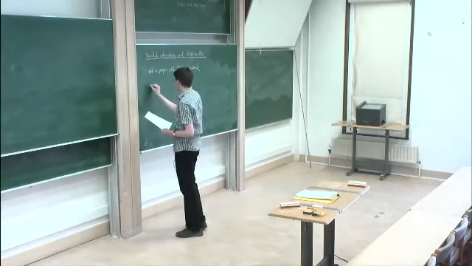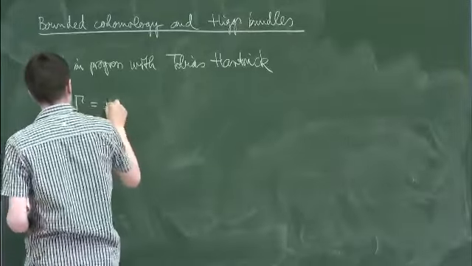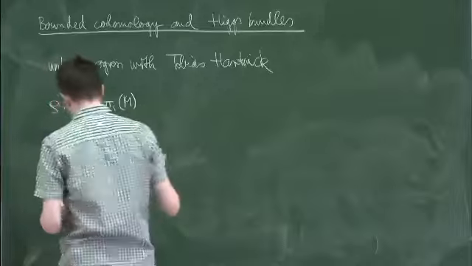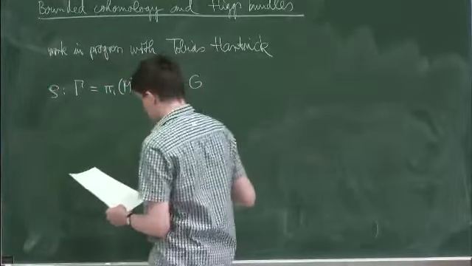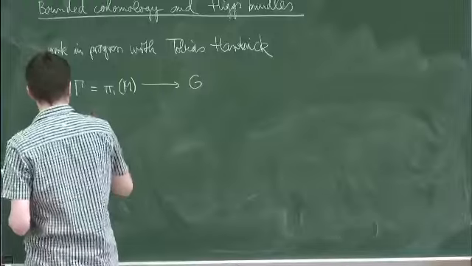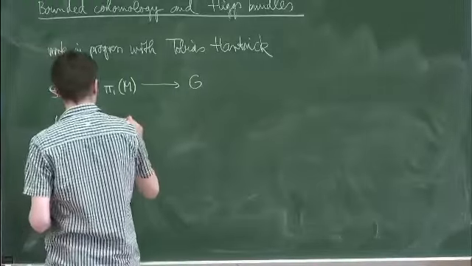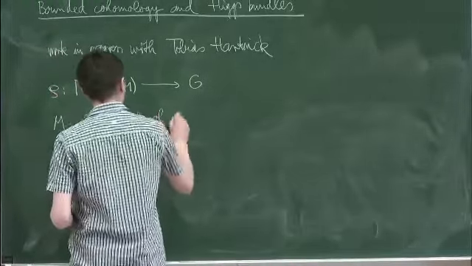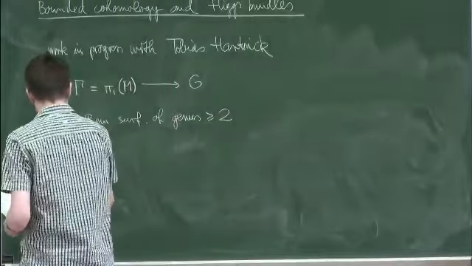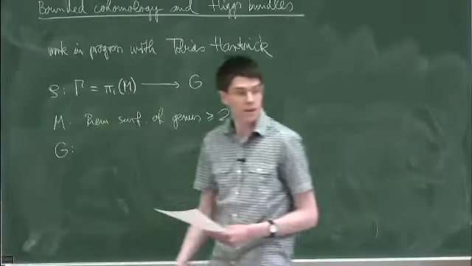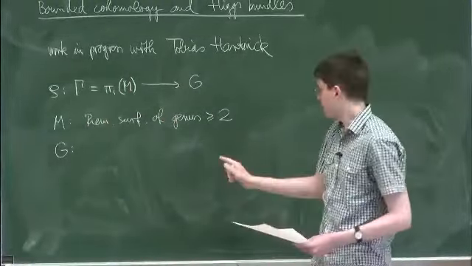So we start with a representation of a fundamental group of some Riemann surface into a Hermitian Lie group, where M is a Riemann surface of genus at least 2. Oh, I'll define it right now.